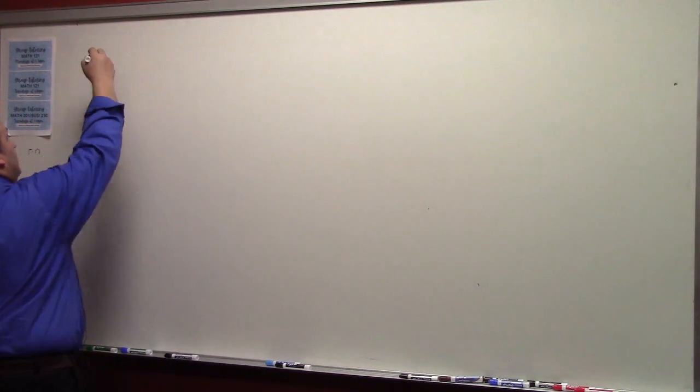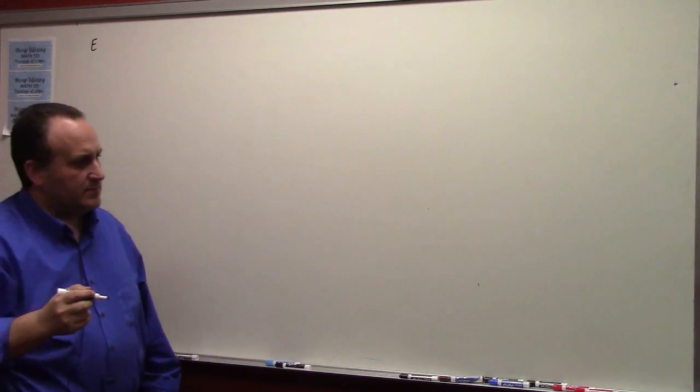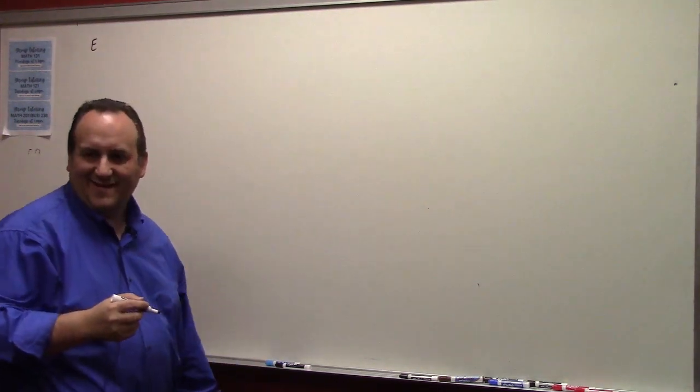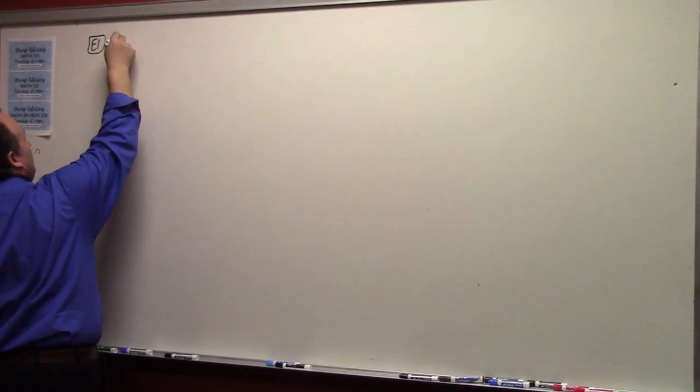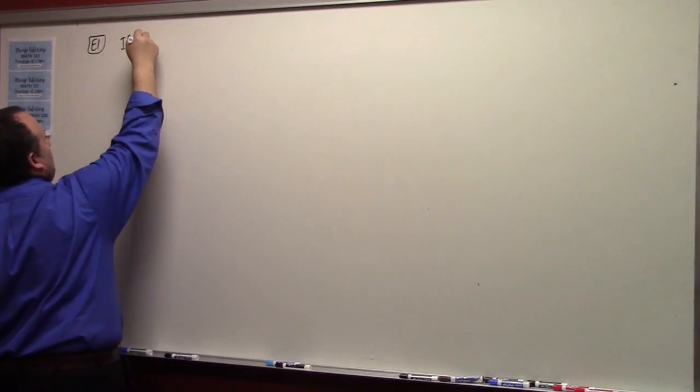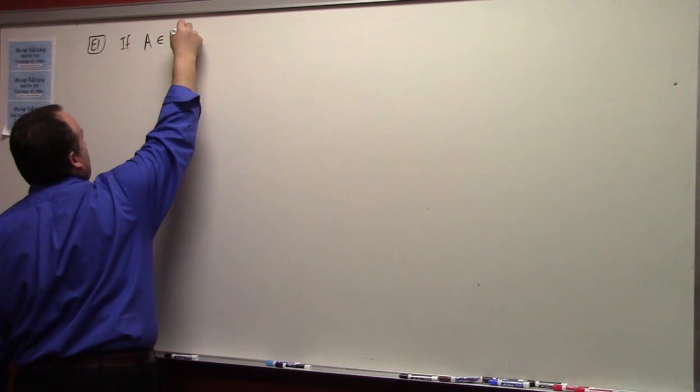So here's just an example. Example 1. Let's say A is an element of R^(n by n).